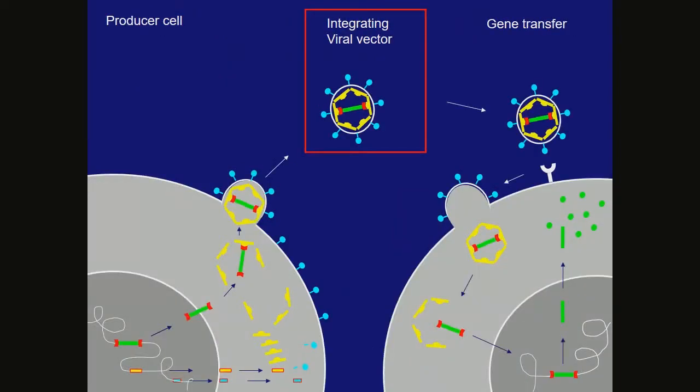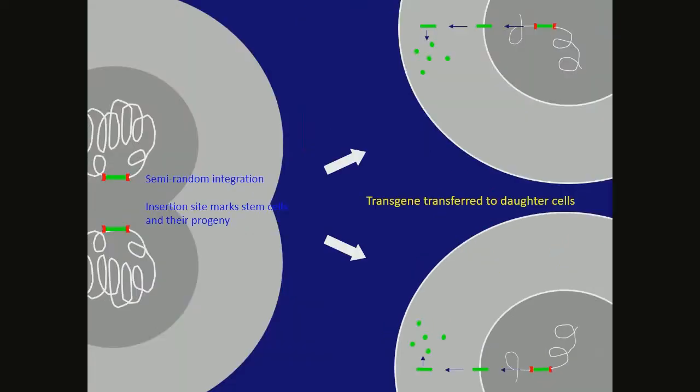The genetic modification uses retroviral or lentiviral vectors, which integrate. These vectors are able to bind to the cell surface of the target cells and release the genetic material, which is essentially RNA in this case, and then it is integrated and transmitted to the daughter cells. So in order to have stable efficacy, we need an integrated vector, an integrated transgene, which is transferred to the daughter cells.